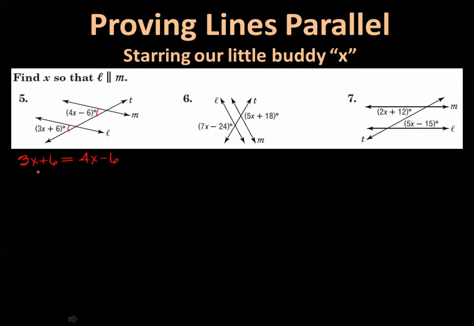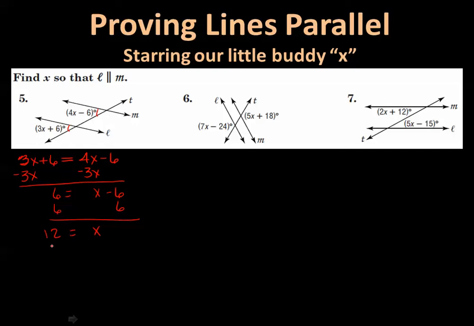It has to be if they're congruent. We're going to subtract 3x from both sides, doing a little algebra. So I'm going to have 6 equals x minus 6. Add 6 to both sides. I got 12 equals x.